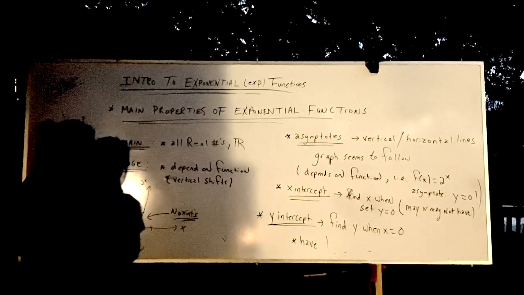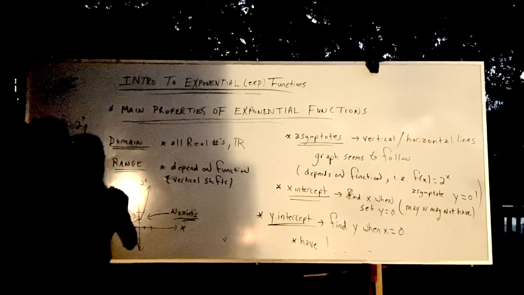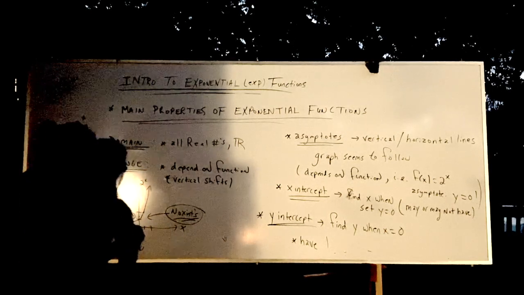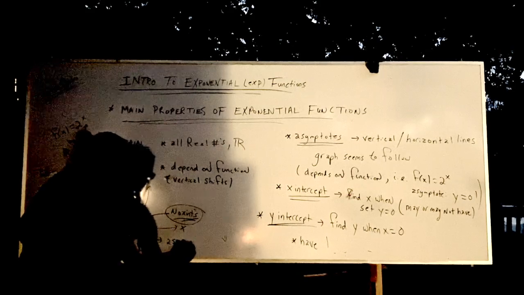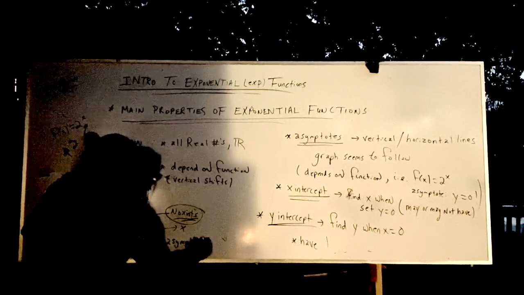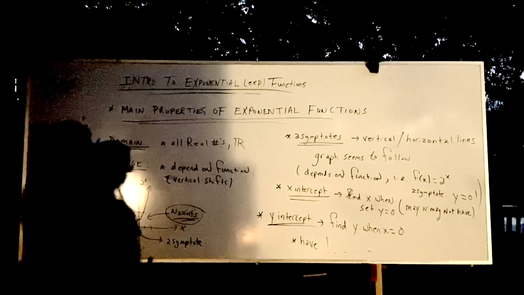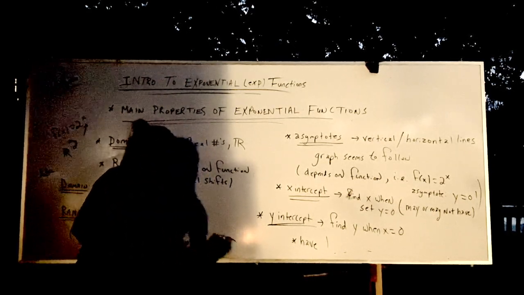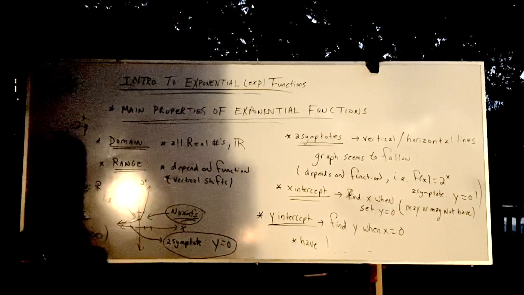So here we have our y-intercept. So we have a y-intercept, we have no x-intercept, and here we have an asymptote that is going to be y equal to 0. Those are some of our main properties for exponentials.